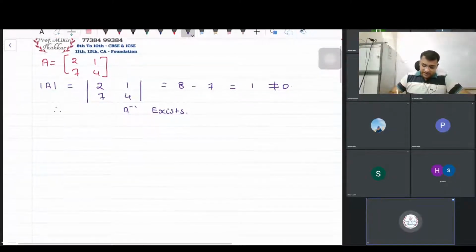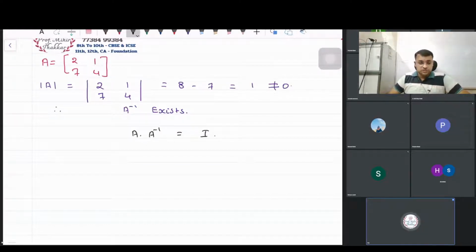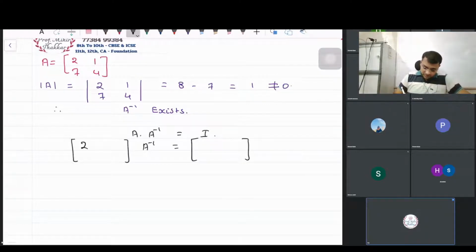So now when I know that A inverse exists, I have a formula, a condition you can say, A into A inverse is equal to I. So in this case, I will write the values of matrices A and I in their respective positions. 2, 1, 7 and 4, 1, 0, 0 and 1 in place of I.